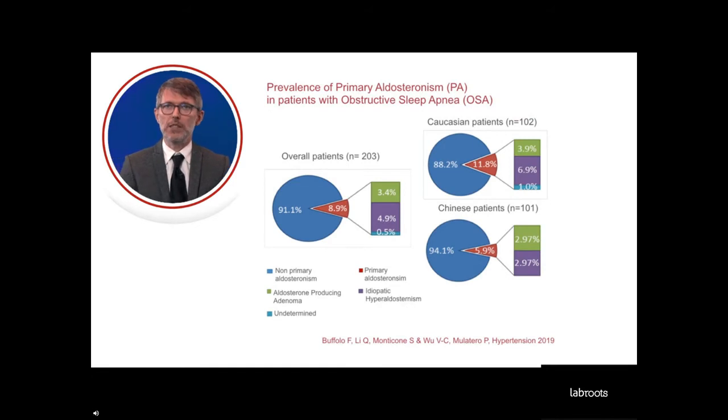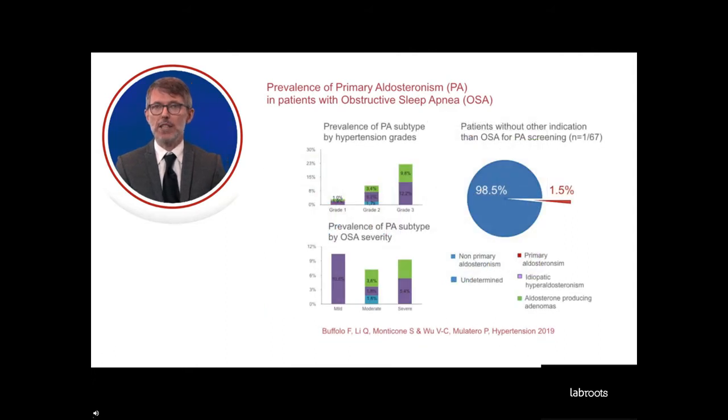In contrast with the Endocrine Society Guidelines, the population of patients with obstructive sleep apnea was not considered at high risk for primary aldosteronism in our recent consensus. And this is due to this large study performed in Europe and in Asia, in which we observed a high prevalence of primary aldosteronism both in Caucasian and in Chinese patients.